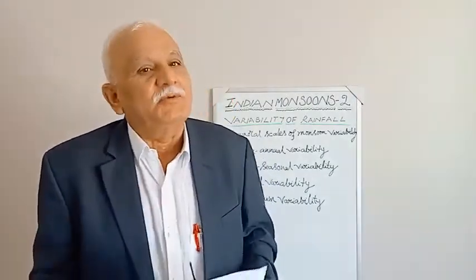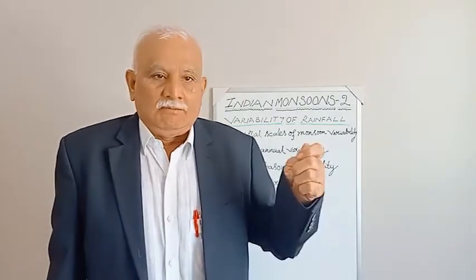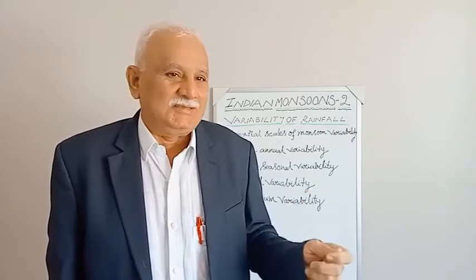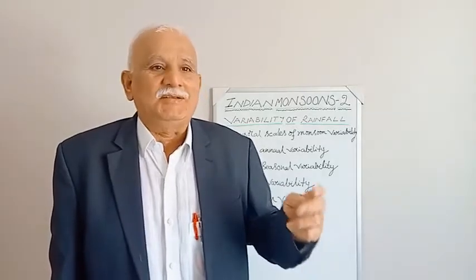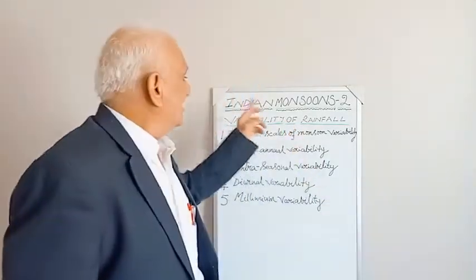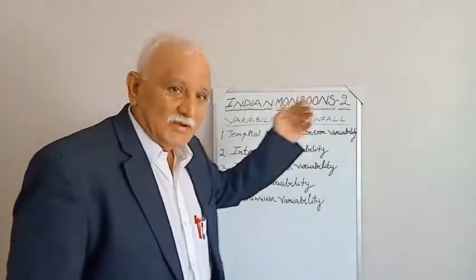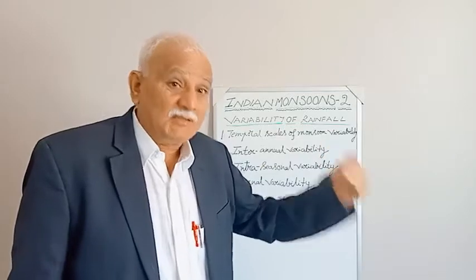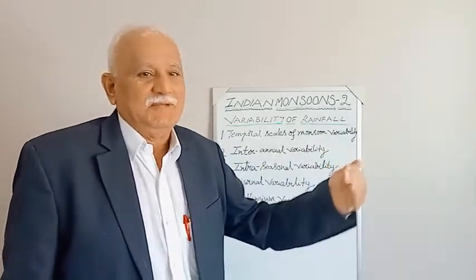Now, once again, for your academic interest, the differential heating of land and water bodies or oceans is the basic mechanism. That's what we understood in Indian monsoons 1. Now, variability. Why? What are the causes for the variability of Indian monsoon?